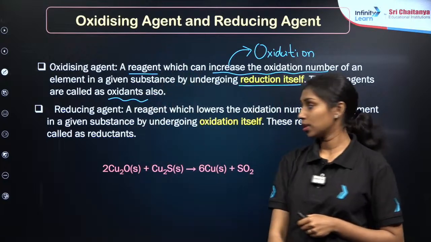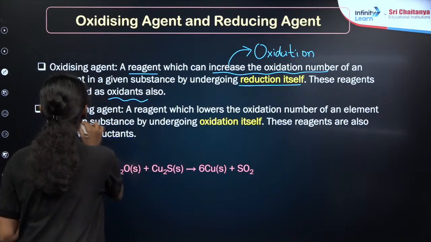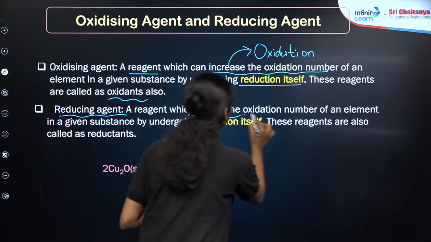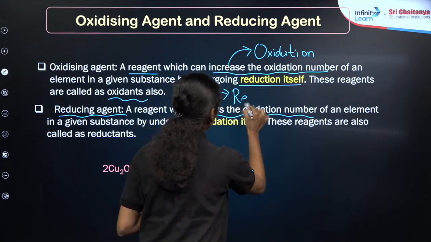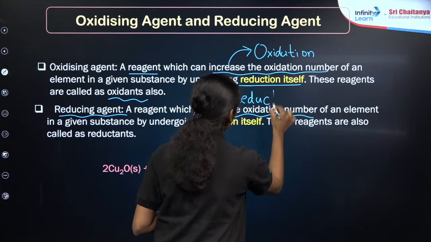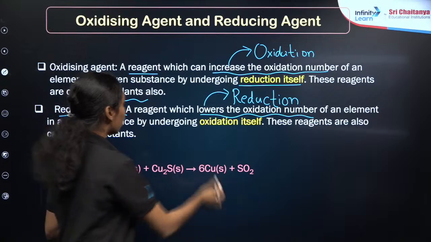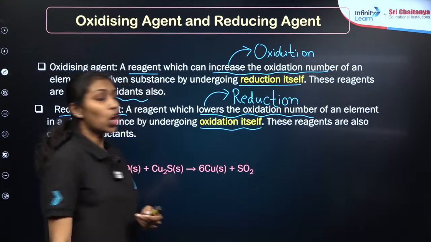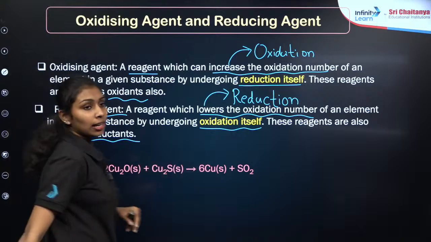Clear? Similarly, we can define reducing agents also. It will help in lowering the oxidation number. What do you mean by lowering oxidation number? Reduction, right? So, the reagents that help in reduction by itself undergoing oxidation are known as the reducing agent or reductants. Clear?